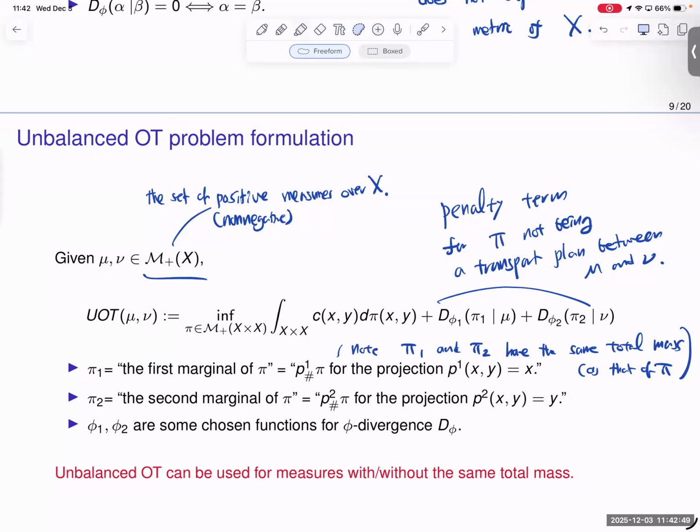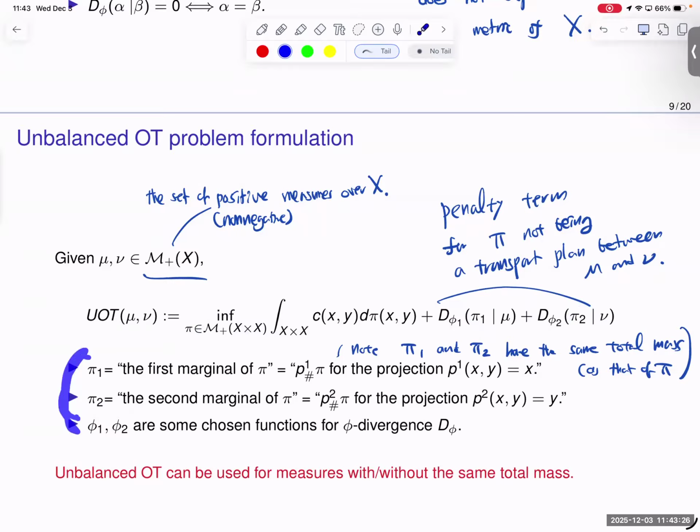Another thing I should mention is that in optimization theory, this is some kind of functional you want to optimize, the objective function. Your transport plan is still an objective function. I'm sorry, decision variable. So pi is our decision variable, and this is the objective function. Basically there's no constraint except this pi having non-negativity, but also pi 1, pi 2 are given as the first and second marginal of pi.